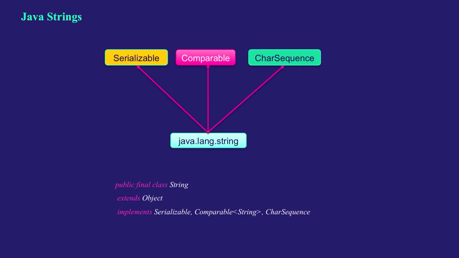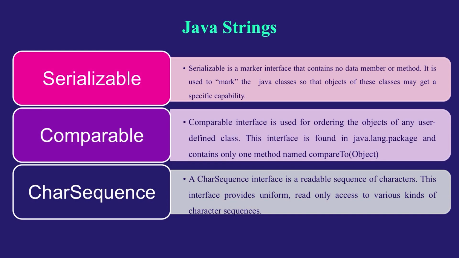Let us see these three interfaces for string. Serializable is just a marker interface. A marker interface does not contain any data members or methods. It is basically marking the Java classes so that our compiler can come to know about these classes. Serializable classes are the ones whose state we can save in files.